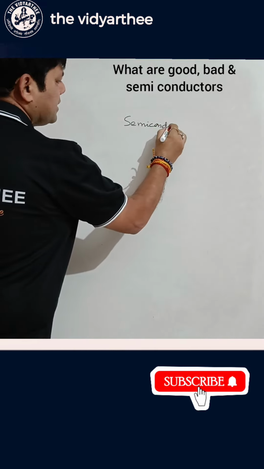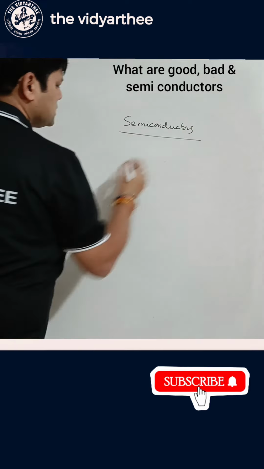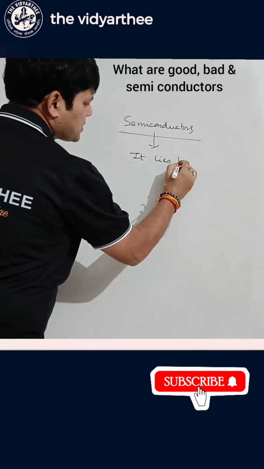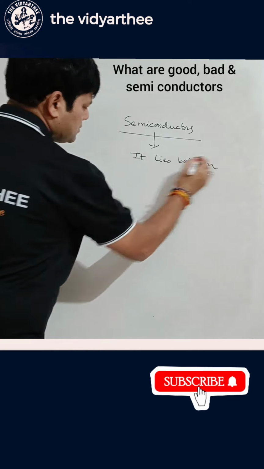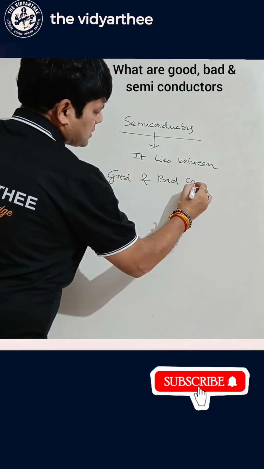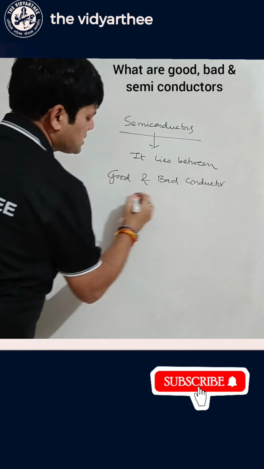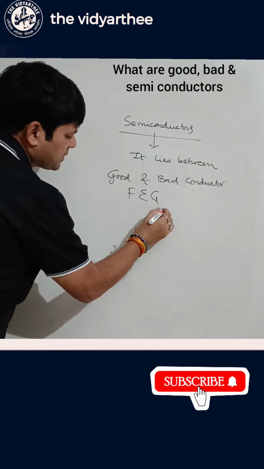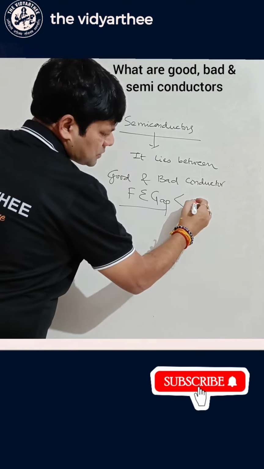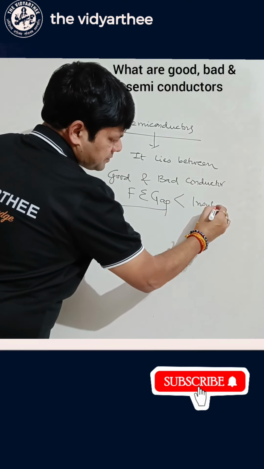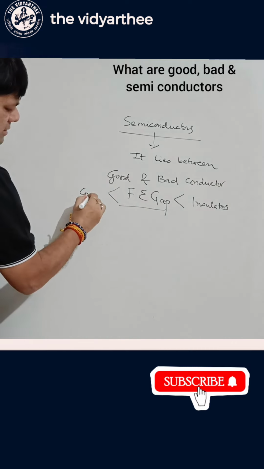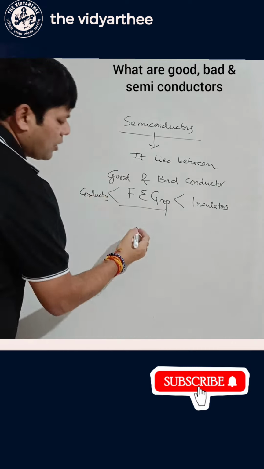So in semiconductors, the forbidden energy gap lies between that of insulators and conductors. I hope this part is clear. So how do we draw this?